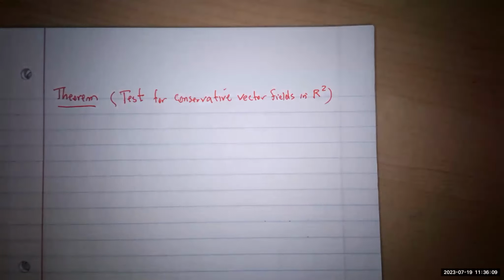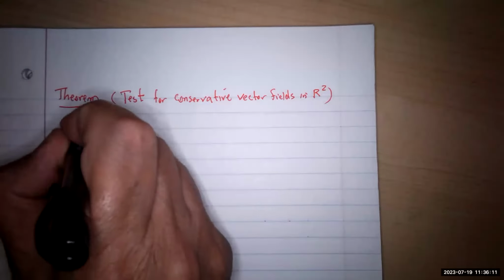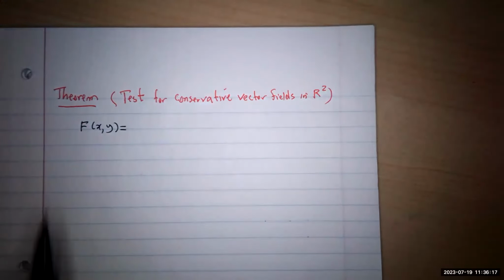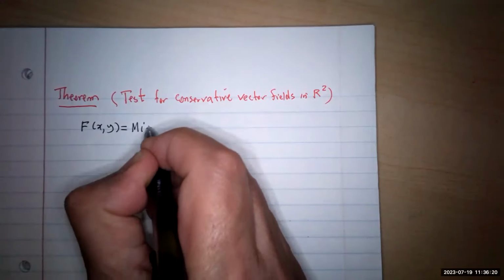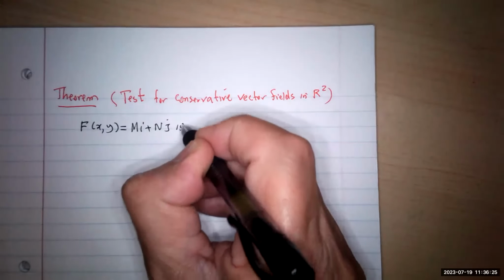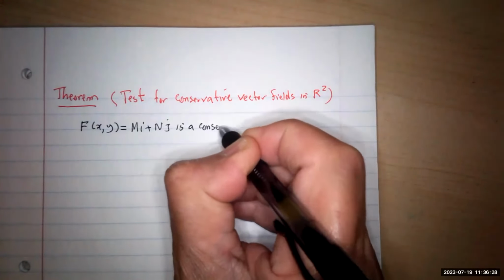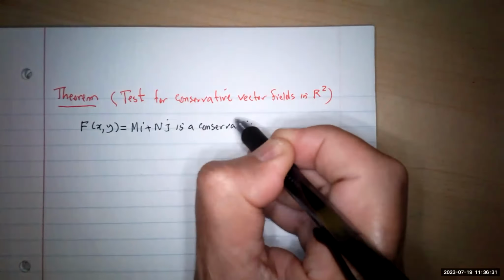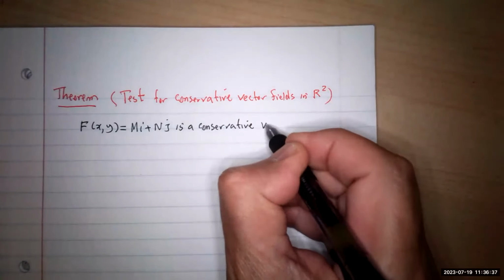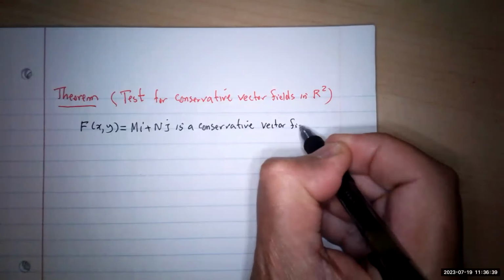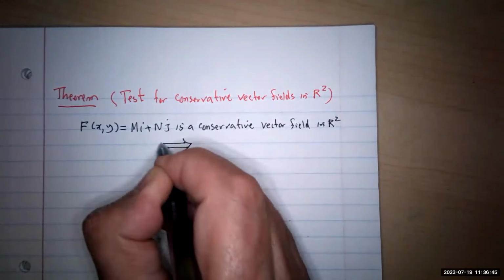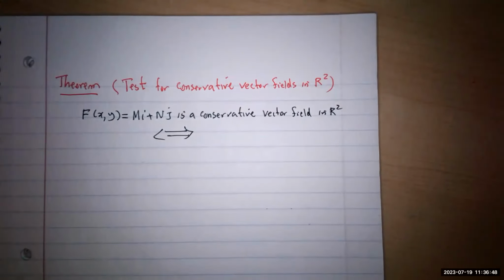The function F of x comma y, which is equal to M times i plus N times j, is going to be a conservative vector field in R2 if and only if this condition is satisfied.